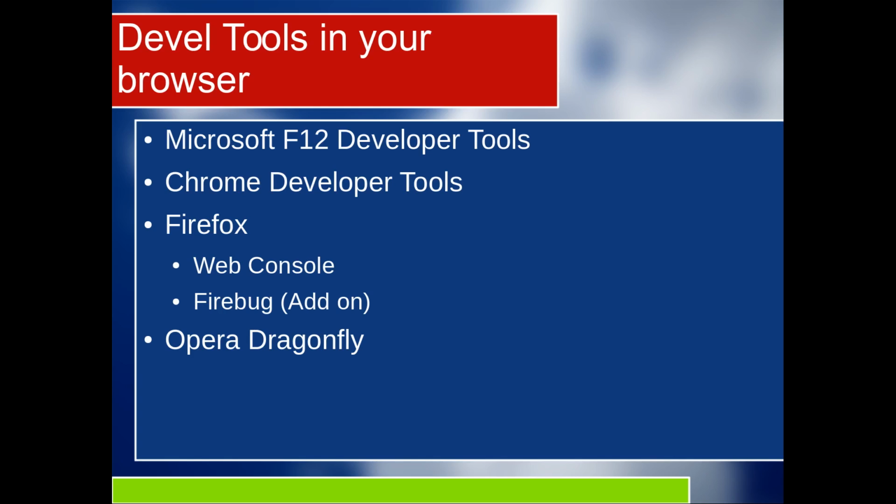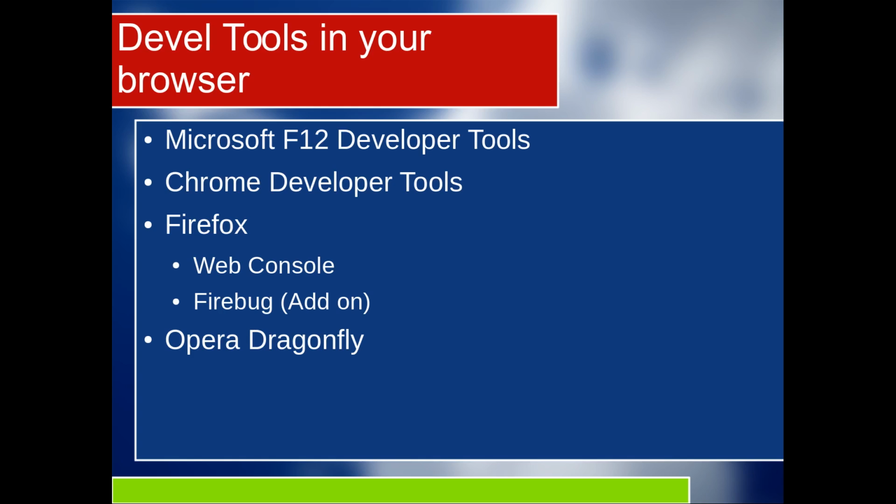So if you're going to do DOM manipulation, we'll talk about that a little later. Then it also has things in there that let you trace your JavaScript code line by line, put stops in, jump over code segments. There's a lot of really cool features.